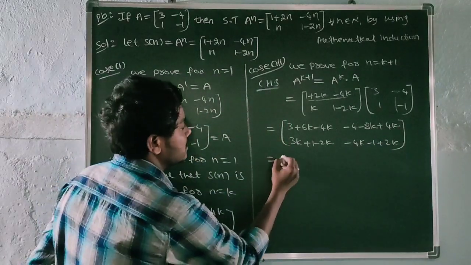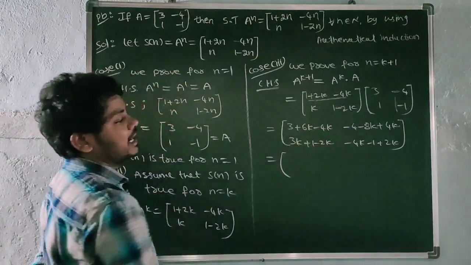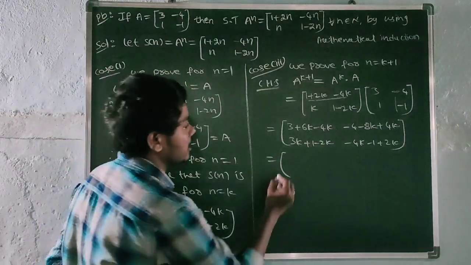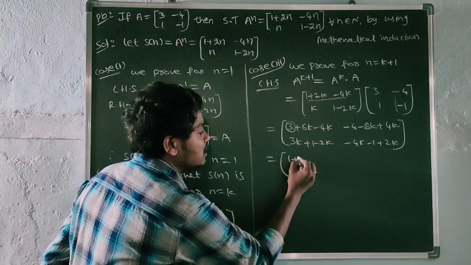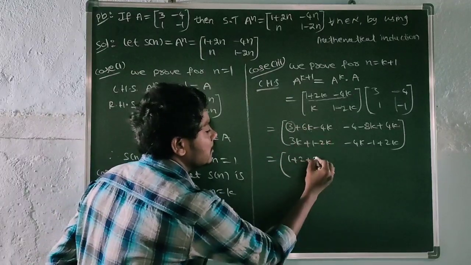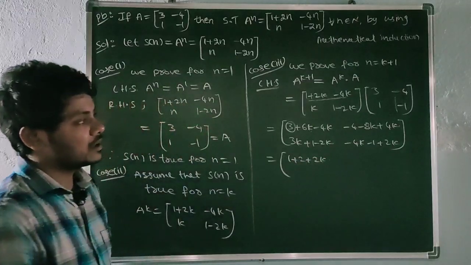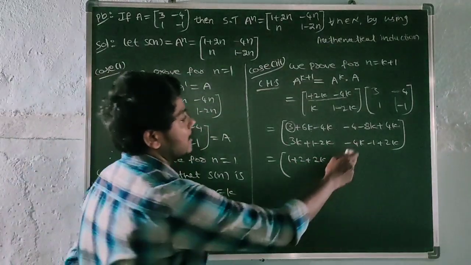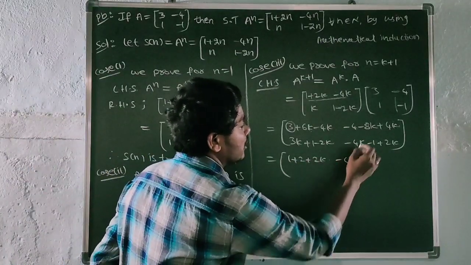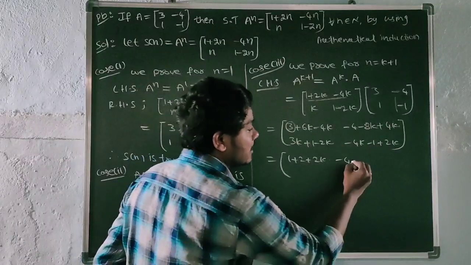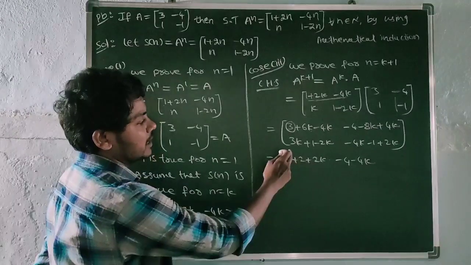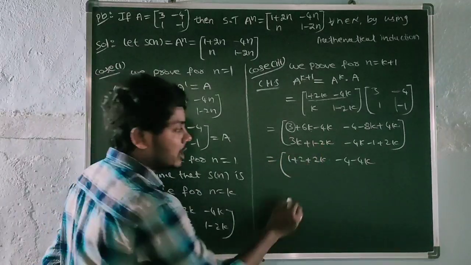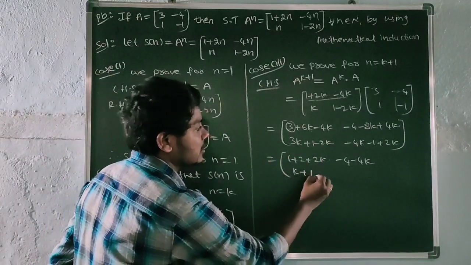Now this is 6k minus 4k, that is 2k. So this 3 write as 1 plus 2. This one 2k. So next this one, minus 4 minus 8k plus 4k, again minus 4k. Now this one, 3k minus 2k, k plus 1.